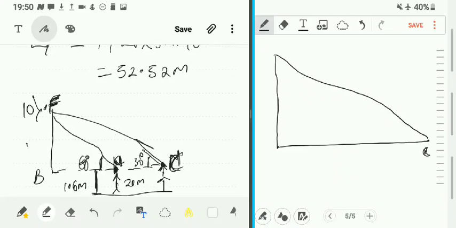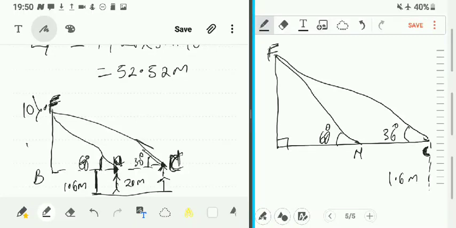I call this Caris, then I call this Neuron, I changed it. From this point to this point we have 60 degrees, and here to here is 30 degrees. Horizontal eye level is 1.6 meters. This is 90 degrees here, this is F for the flagpole, or you can call it T. Then this is the base or the bottom of the flagpole. So we want to get this FB, which is the height.